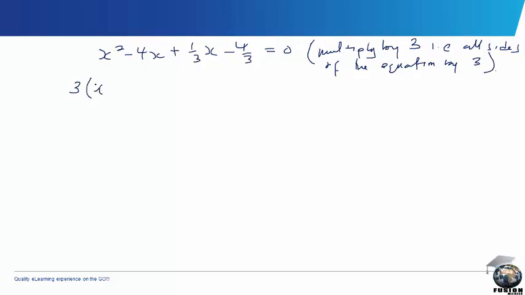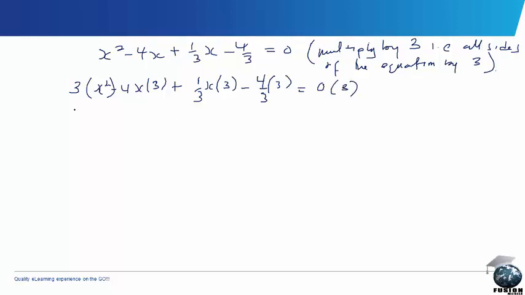So this becomes 3 times x squared, minus 4x times 3, plus 1 over 3x times 3, minus 4 over 3 times 3, equal to 0 times 3. This becomes 3x squared minus 12x, and at this part 3 divides 3 through and you have 1x minus 4, and 0 times 3 is 0.